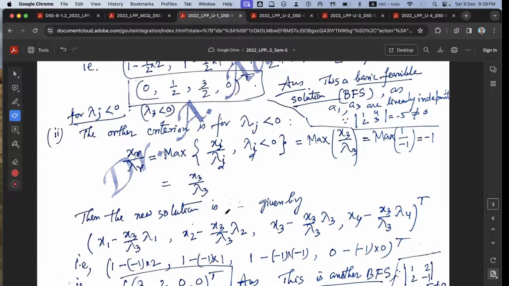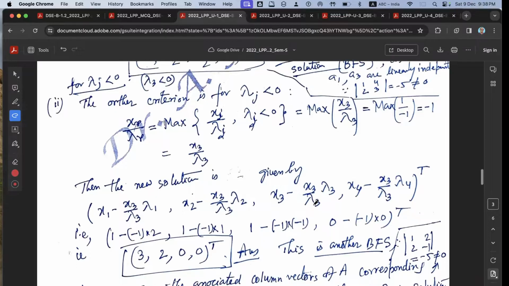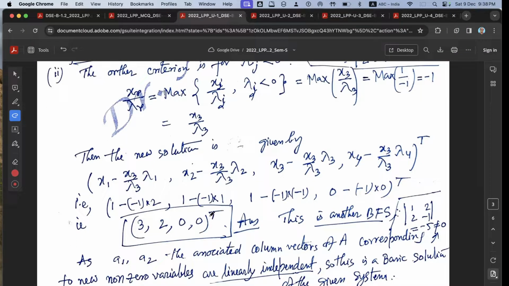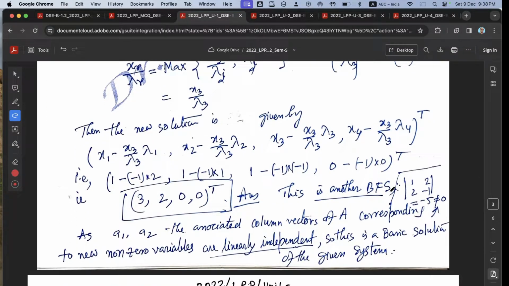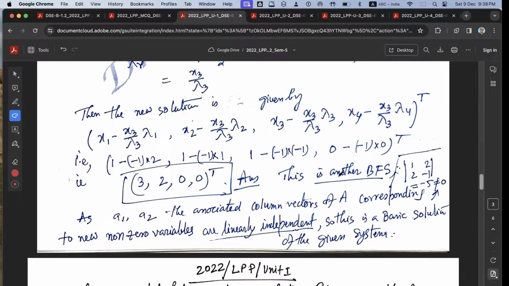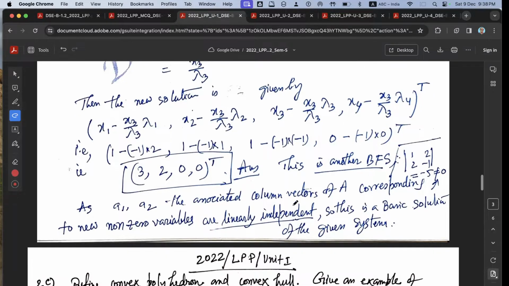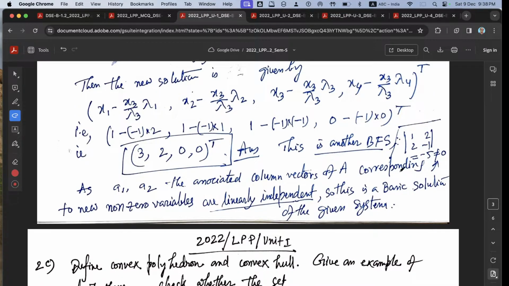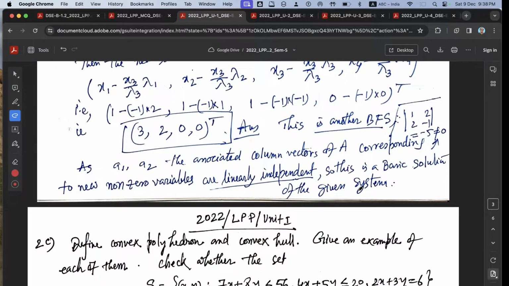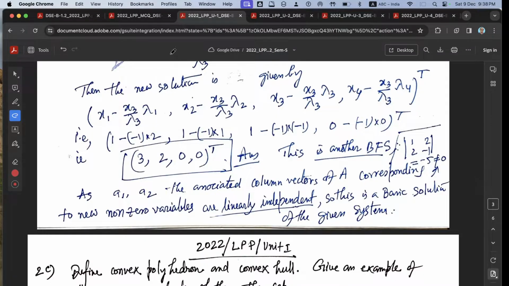Then the new solution is given by (3, 2, 0, 0) transpose column matrix, and this is another basic feasible solution. The corresponding variables 3 and 2, for a1 and a2, are not equal to 0, and the associated column vectors corresponding to the new non-zero variables are linearly independent, so this is a basic solution of the given system.